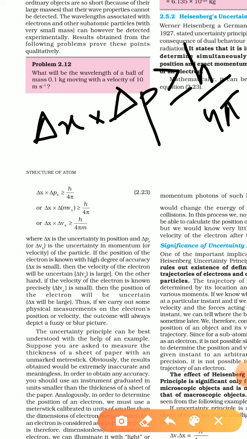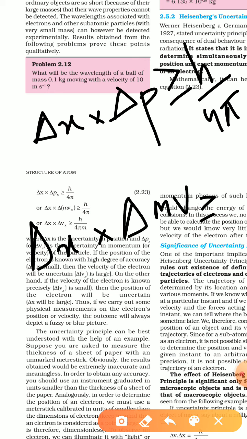So delta x into delta of m into v will be greater than or equal to h by 4 pi.